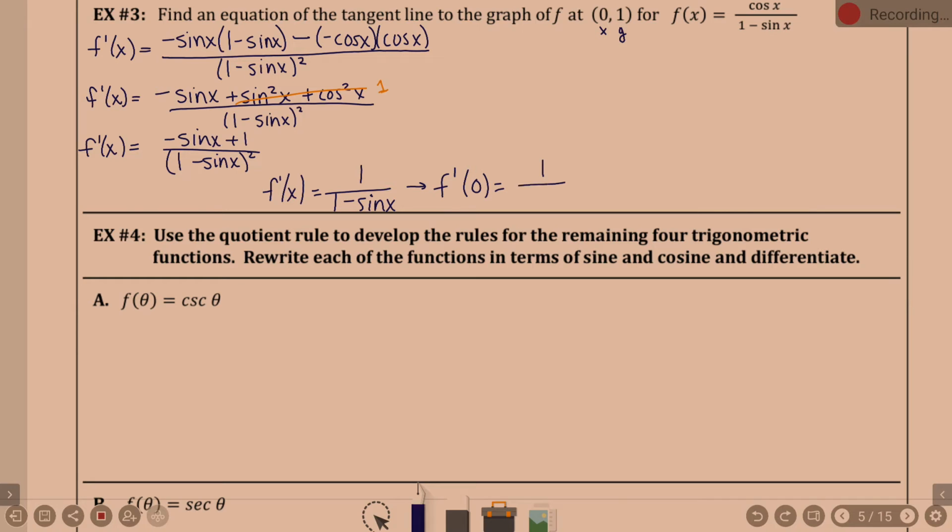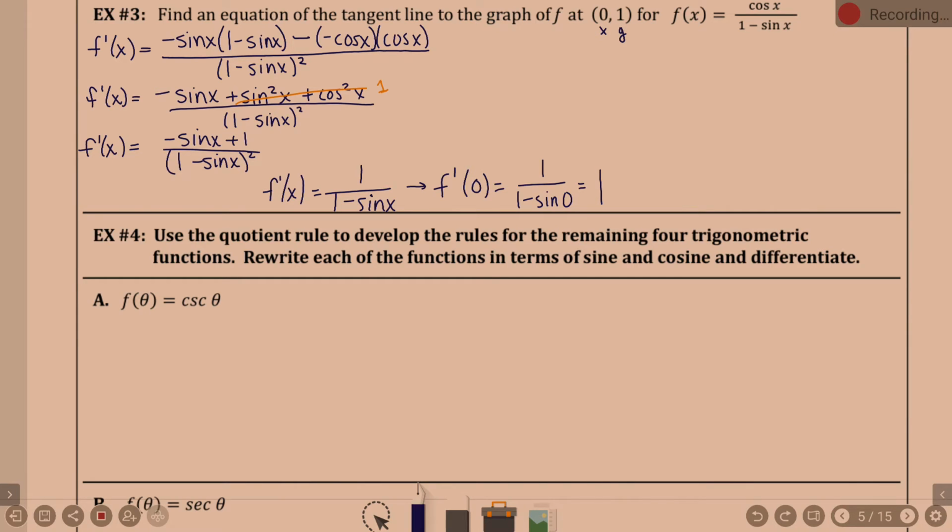So 1 over 1 minus sine of 0. I go straight to the graph in my brain because I can easily visualize the graph of sine. The graph of sine starts at (0, 0), before it goes up, down, up, down. So this is going to be 1 over 1 minus 0, which is 1.